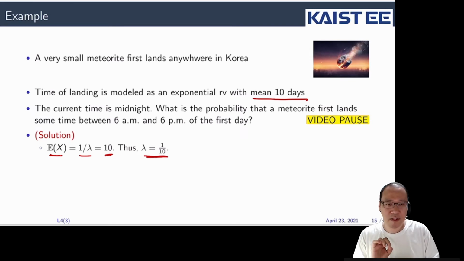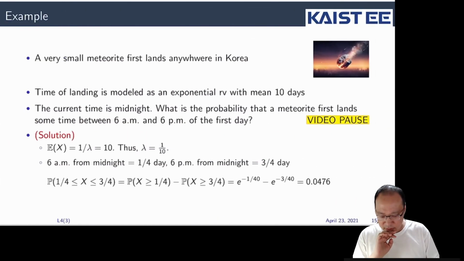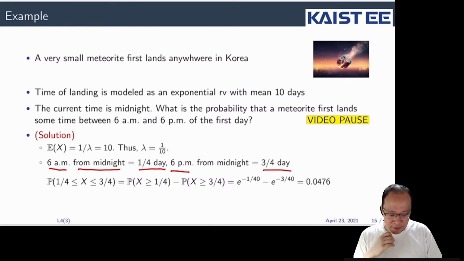Okay, so we figured out the parameter of the exponential random variable, which is lambda, and that's 1 over 10. The current time is midnight, so 6 a.m. from midnight is, in terms of the day, a quarter day. Similarly, 6 p.m. from midnight is 3/4 day.